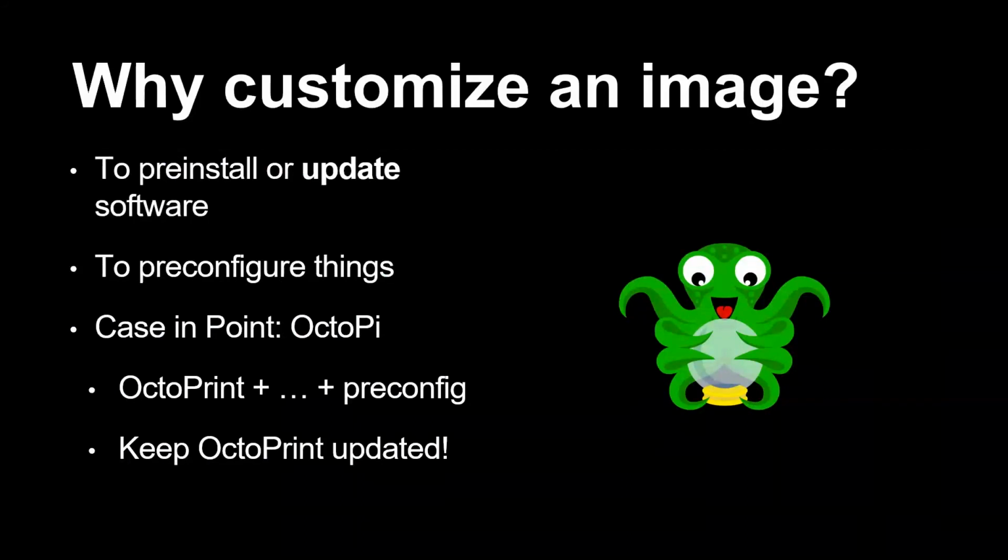Specifically with OctoPrint, we had the problem that OctoPrint primarily gets distributed as a Raspberry Pi OS image, in the shape of the OctoPi distribution. And the problem there is that we want to keep the OctoPrint installation that is shipped with this OctoPi distribution up to date, but without having to rebuild the whole image from the ground up every single time.